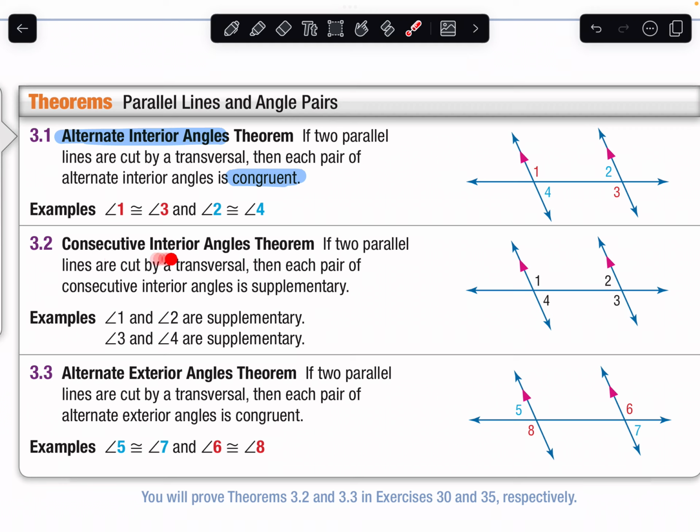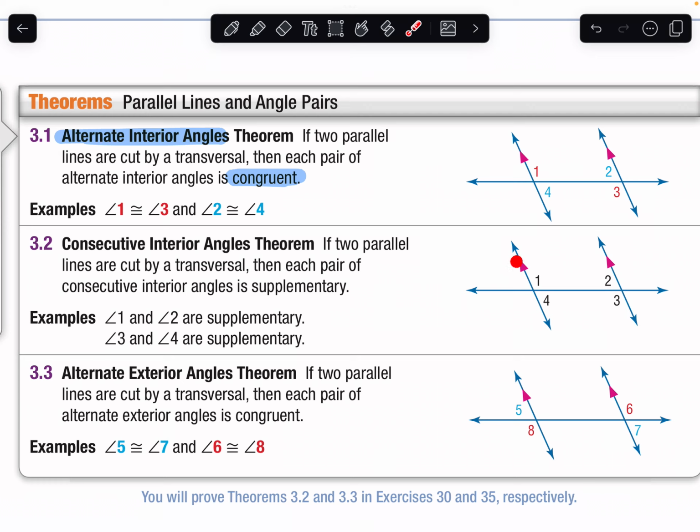Next, consecutive interior angles. If two parallel lines are cut by a transversal, then each pair of consecutive interior angles is supplementary. So notice 1 and 2 are supplementary, 3 and 4 are supplementary. I like to imagine a series of streets where you have some parallel streets here.